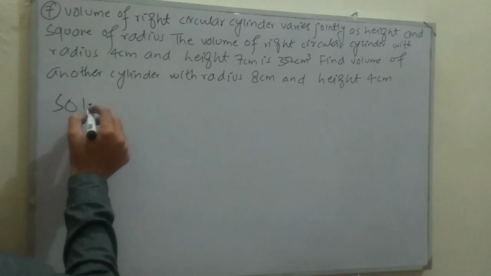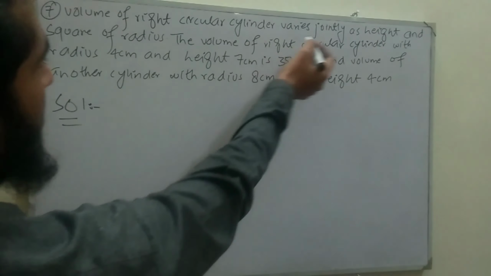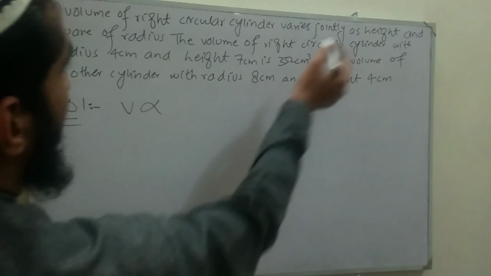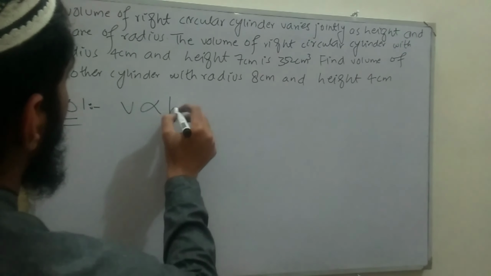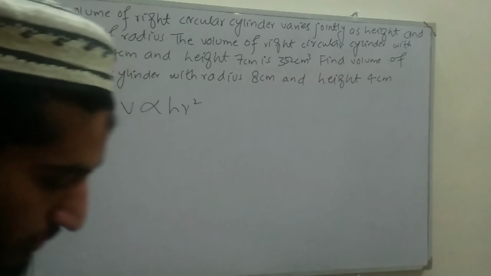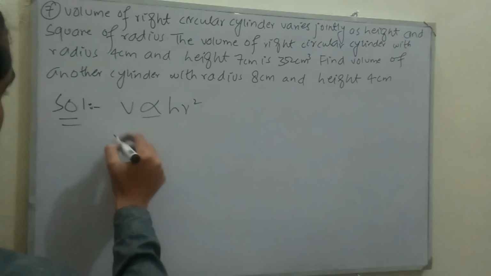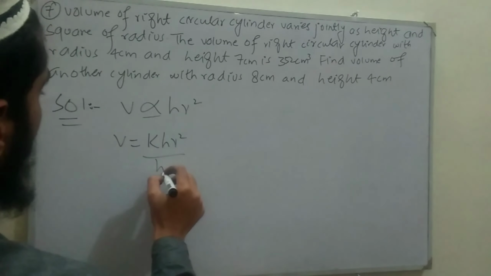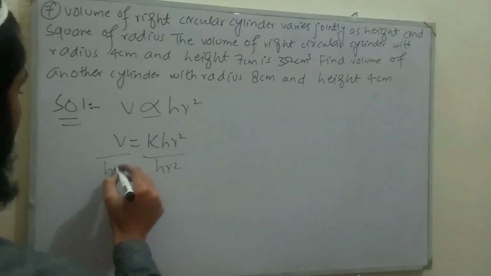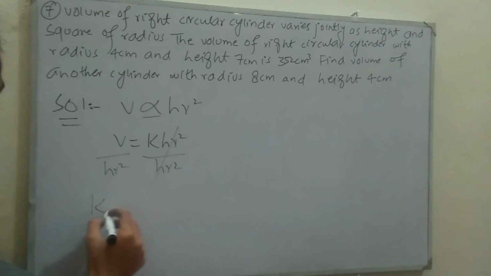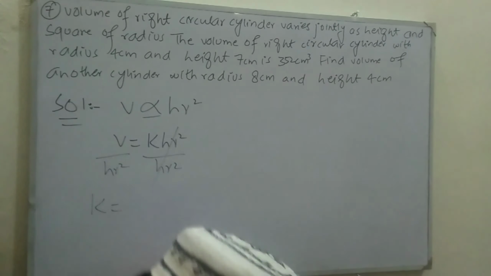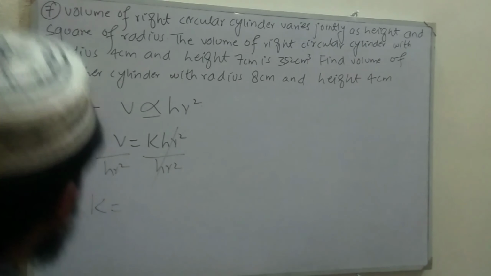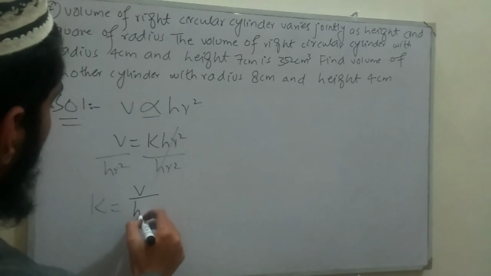Let us say that volume is jointly related with height and square of the radius. Height and square of the radius. So remove proportionality and bring in the constant: V is equal to k h r square. Divide both sides by h r square. So we are left with k is equal to V divided by h r square.